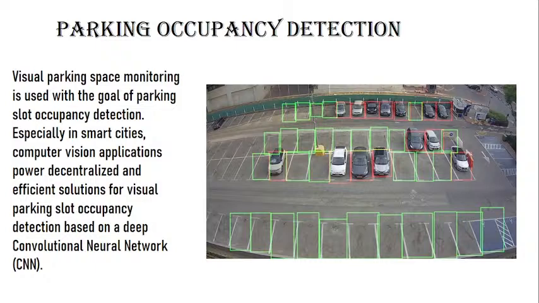Visual parking space monitoring is used with the goal of parking slot occupancy reduction. Especially in smart cities, computer vision applications power decentralized and efficient solutions for visual parking slot occupancy detection.